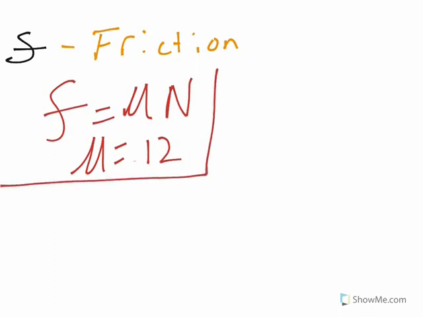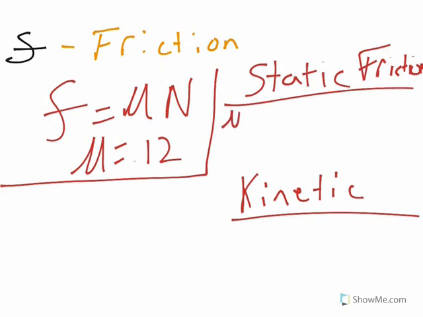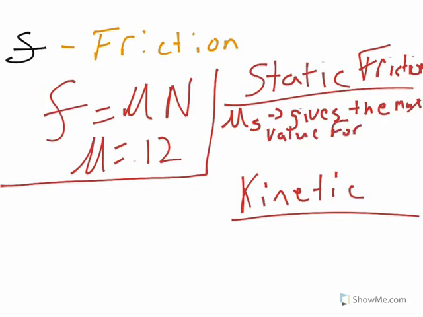Remember, there are two types of friction. There's static friction, and there is kinetic friction. Now keep in mind, first of all, the coefficient of static friction, when you plug it into the formula, gives the max value for static friction. You have to overcome this to move.